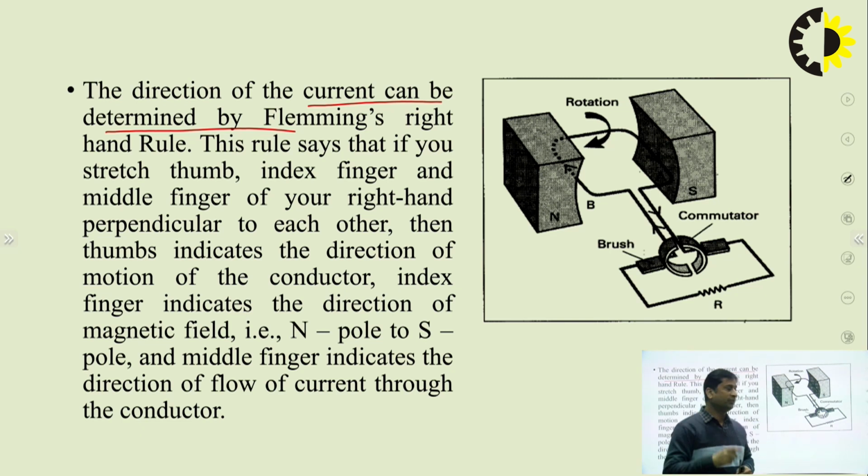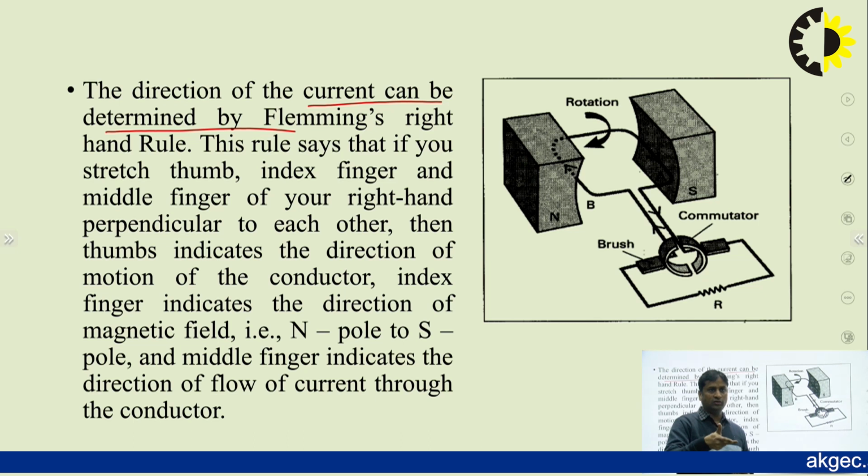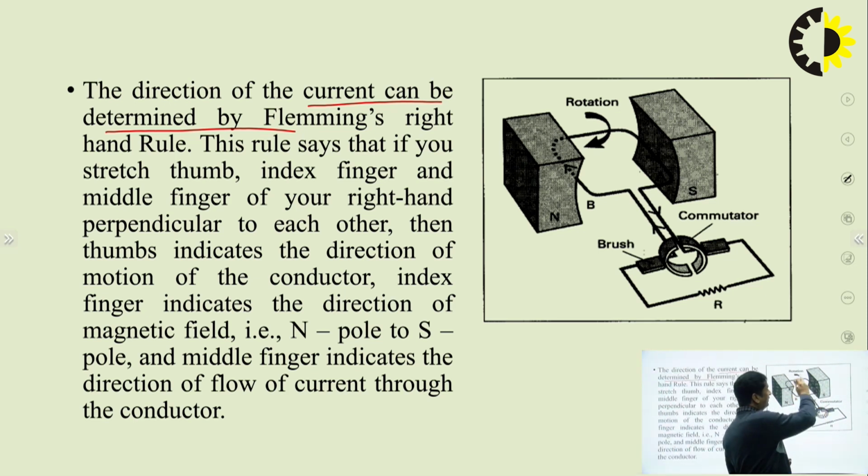The Fleming right hand rule says that when we stretch our thumb, index finger, and middle finger, the thumb indicates the direction of motion or the force, the index finger indicates the direction of field, and the middle finger indicates the direction of current. When we apply the Fleming right hand rule, we will find the direction of current in a circuit.